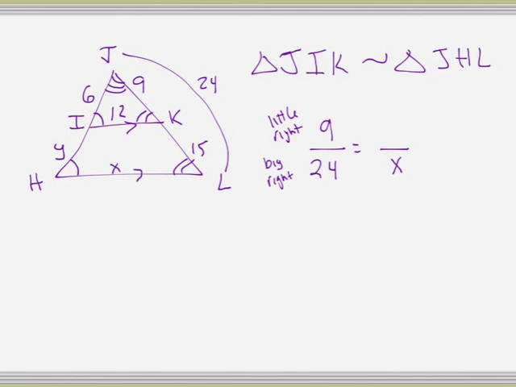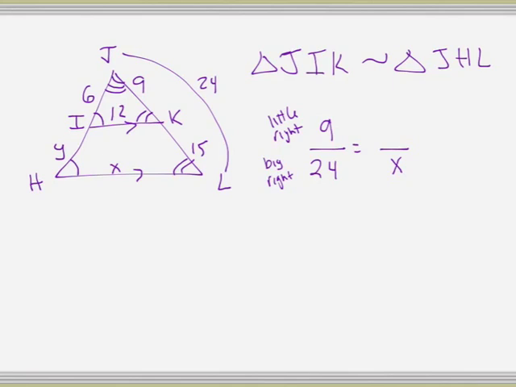You will never use that 15 all by itself because it is not a piece of a triangle. It's a part of a side of a triangle. We need to be comparing triangle side to triangle side, and 15 is not a side of a triangle. It's a part of a side of a triangle. Okay, so 9 is the little triangle's right, 24 is the big triangle's right.